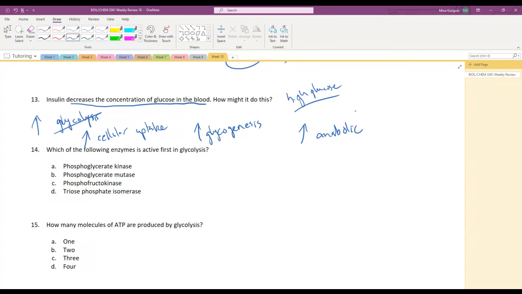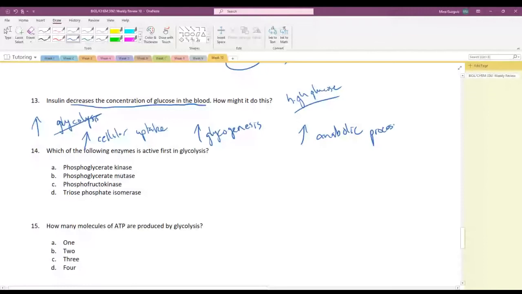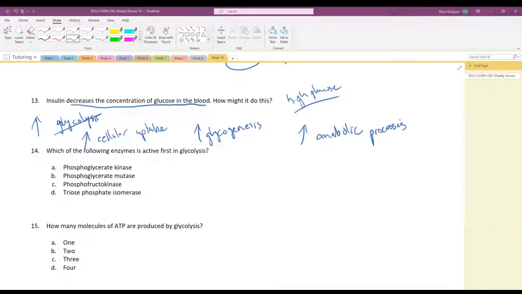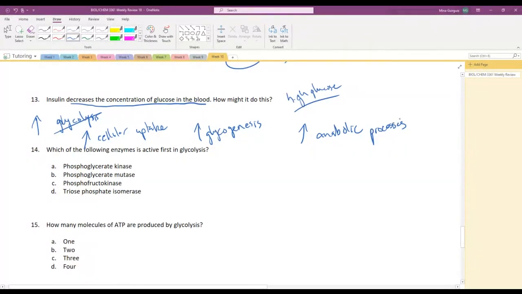Why not reuse that energy from glucose to give my cells enough energy so that they can keep replicating through mitosis? Whatever the case may be. Sorry, I never finished this process. Insulin could be involved in any of these processes, and your slides, I believe, list these three and maybe one or two more. But these are kind of just the thought processes that we can take, because on an exam you won't have your slides available to you, obviously.